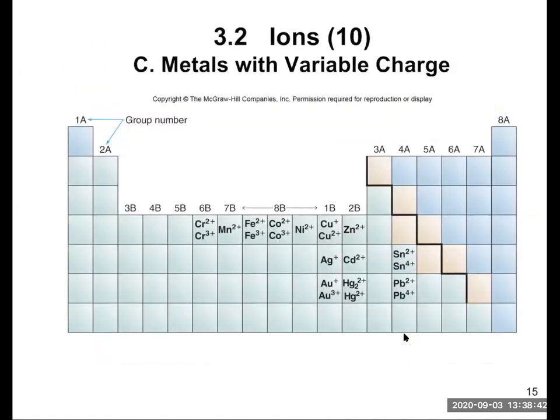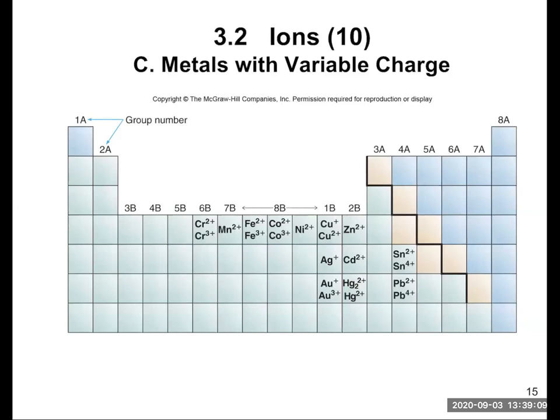There are some atoms in the transition metals that like to carry more than 1 charge. When we are naming these compounds, you have to tell me which charge that particular metal is carrying. This one you don't have to memorize, you're just going to have to understand how to figure out which charge they are carrying.